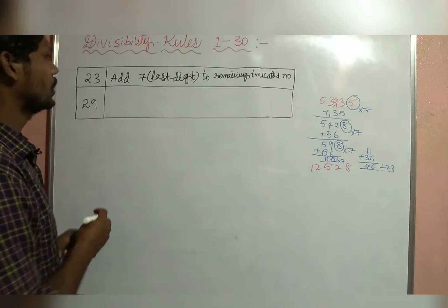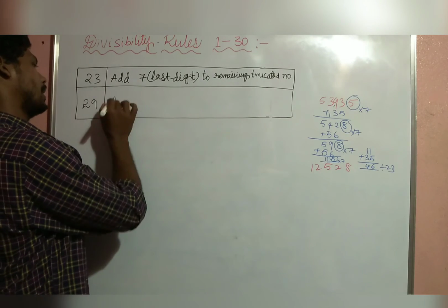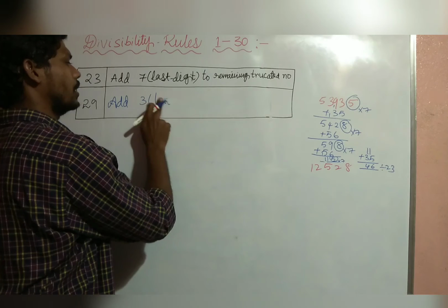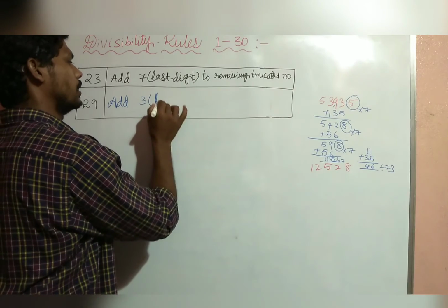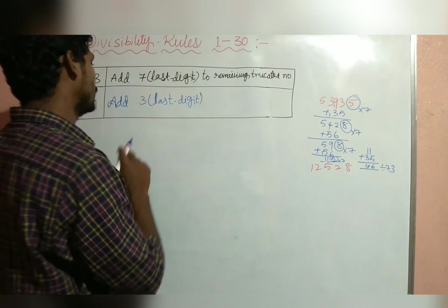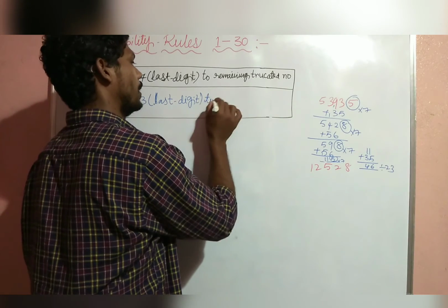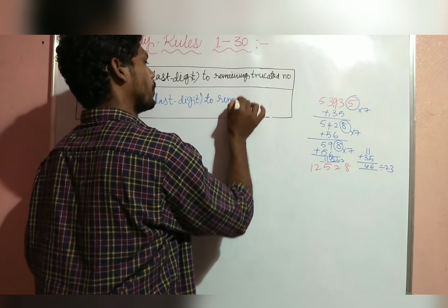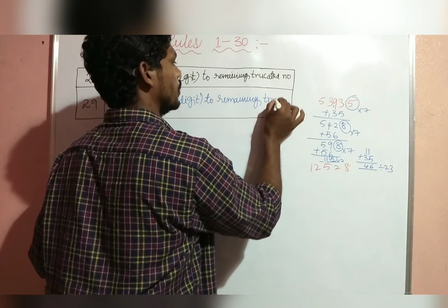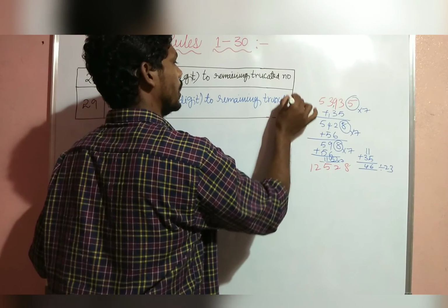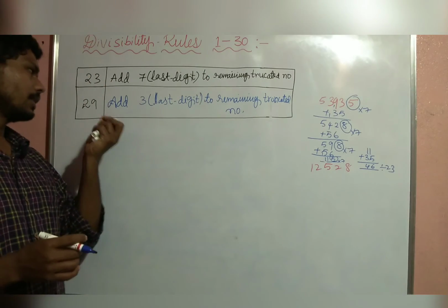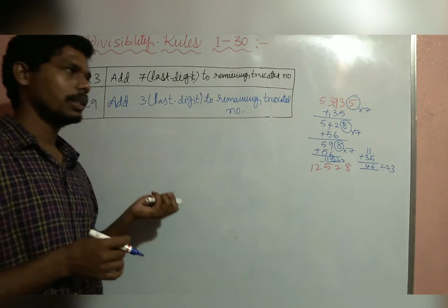Here the same process, but add 3 times the last digit to the remaining truncated number, until you obtain a multiple of 29, or 29, or 0.